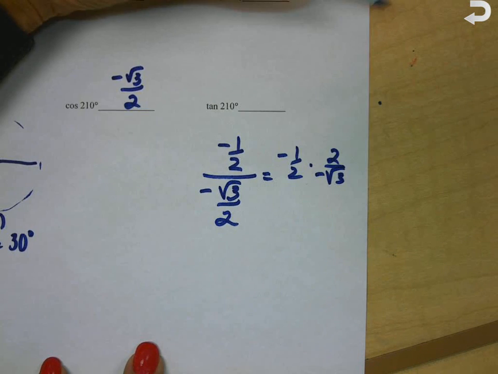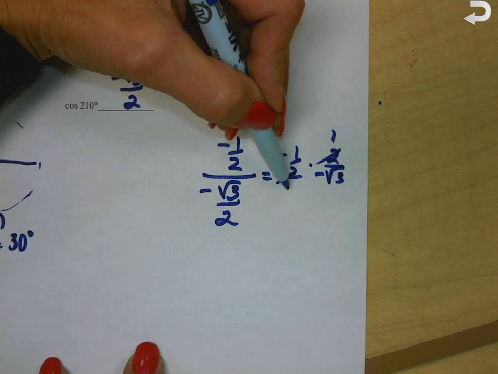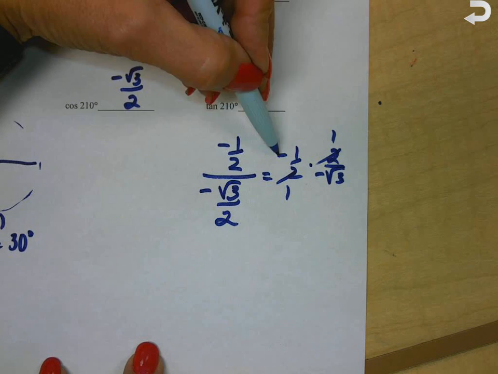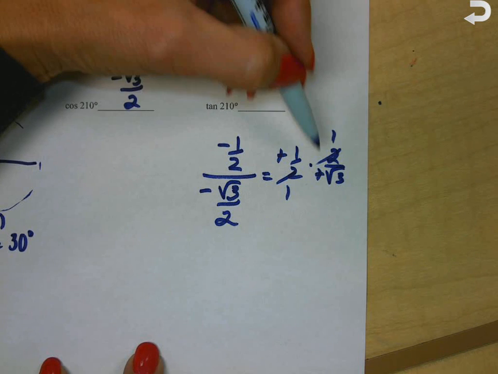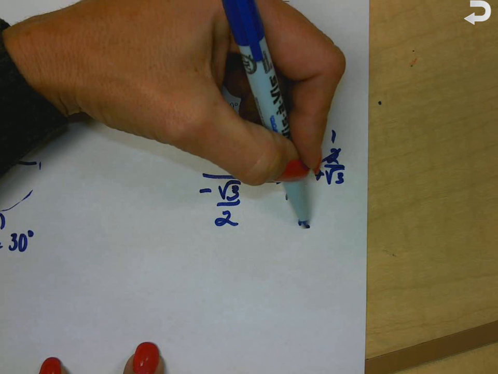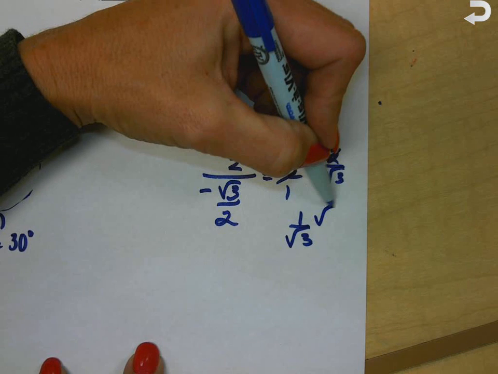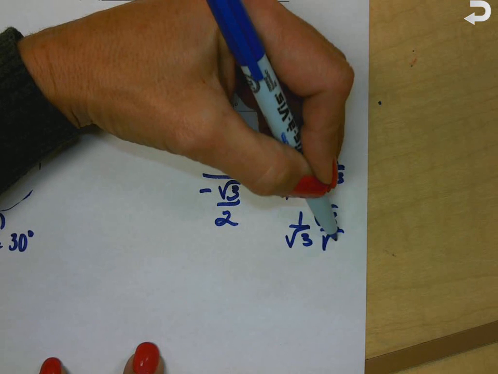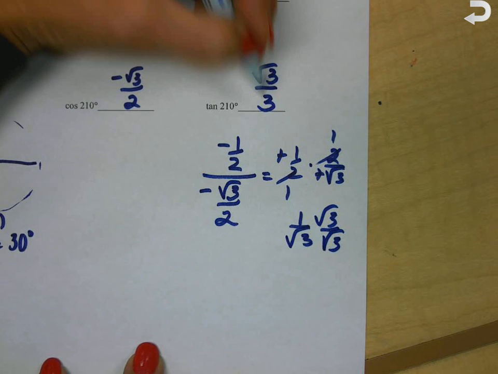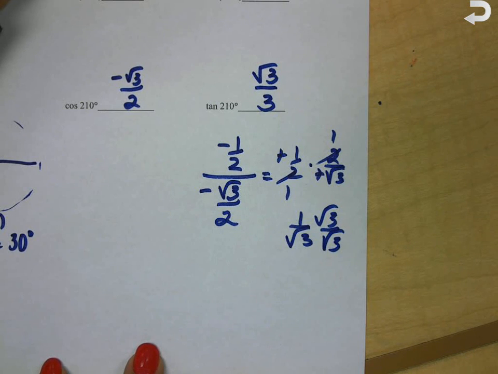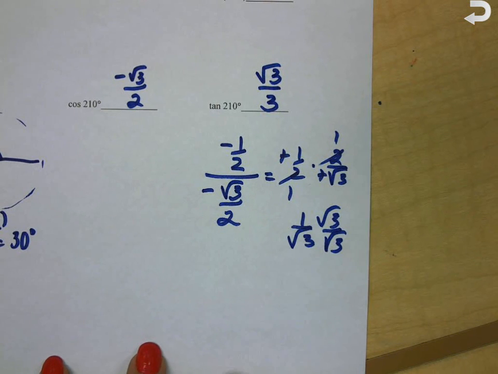Negative 1/2 times 2 over negative square root of 3. The 2's will reduce, and I can see the negatives will cancel. And then I'm going to have to deal with rationalizing. And when I multiply, this becomes 1 over the square root of 3, which results in square root of 3/3. And it's a positive value because the y over x will be a positive value in that quadrant.